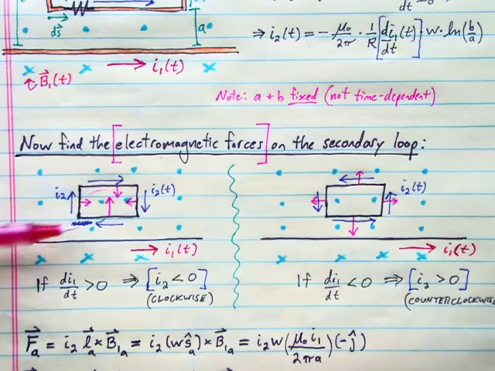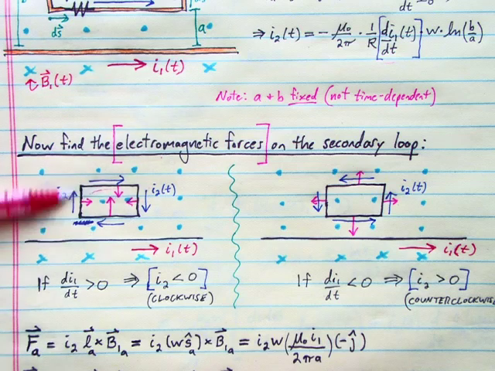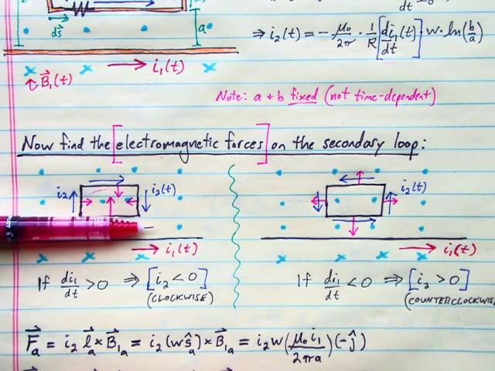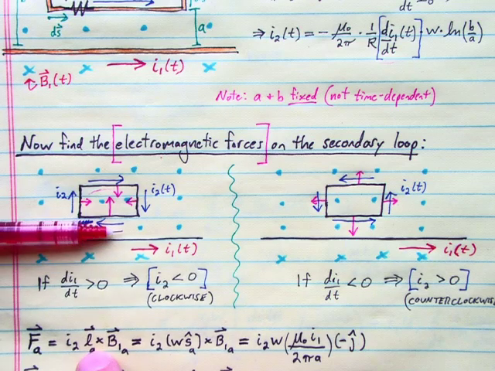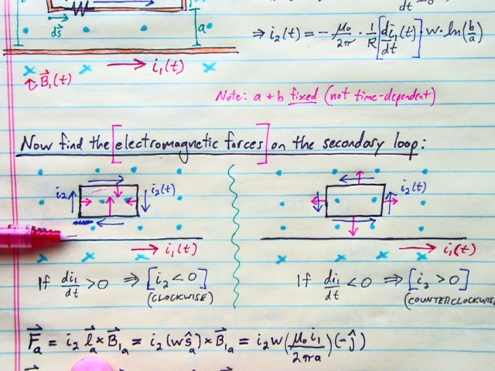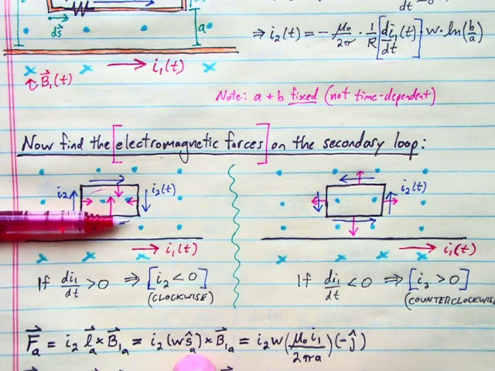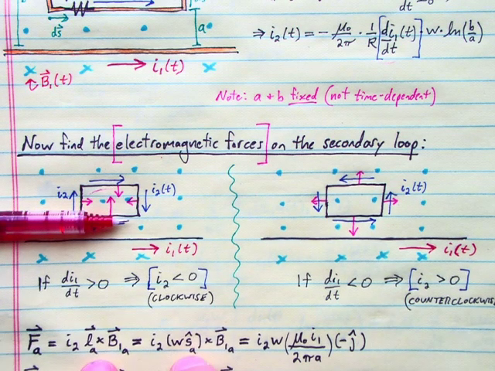Our s hat vectors point counterclockwise around this loop, so s hat points this way. L points in the direction of a positive current. So if I2 is positive, then I2 would be pointing in our s hat direction, hence the agreement between these two vectors.